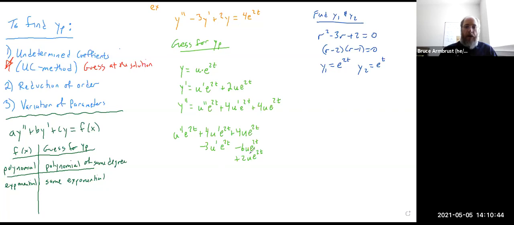All right, so all of this cancels. And what we're left with is u double prime plus 4u prime times e to the 2t has to equal 4e to the 2t.